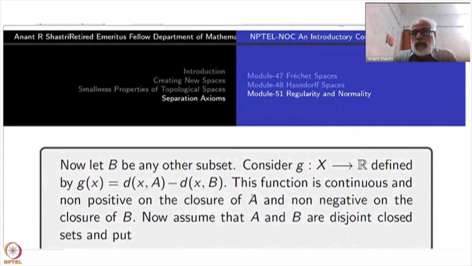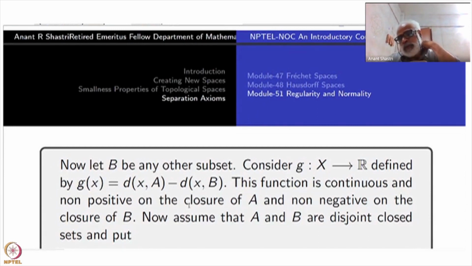This function is again continuous because it is the difference of two continuous functions. And it is non-positive on the closure of A because the first term will be 0. And on the closure of B, it is non-negative because the second term will be 0.